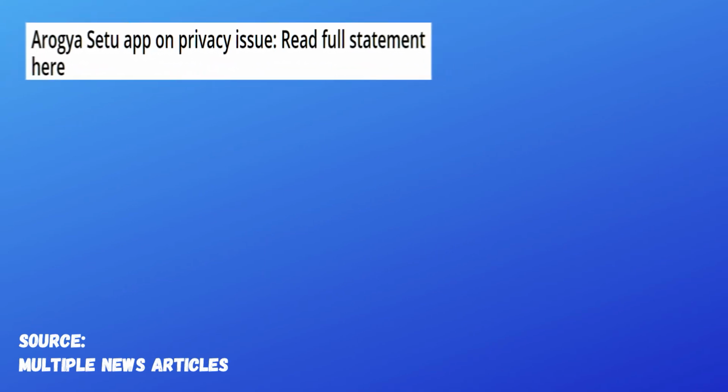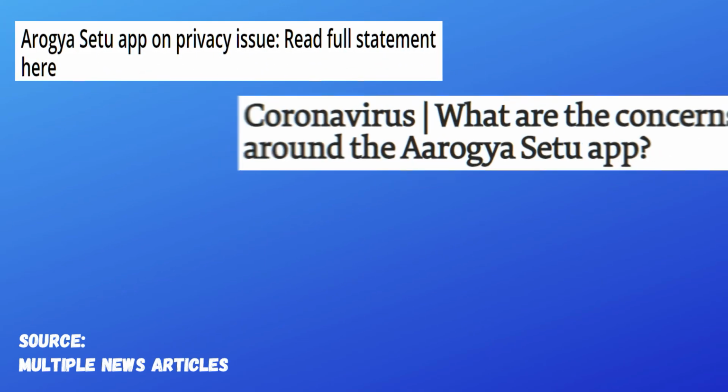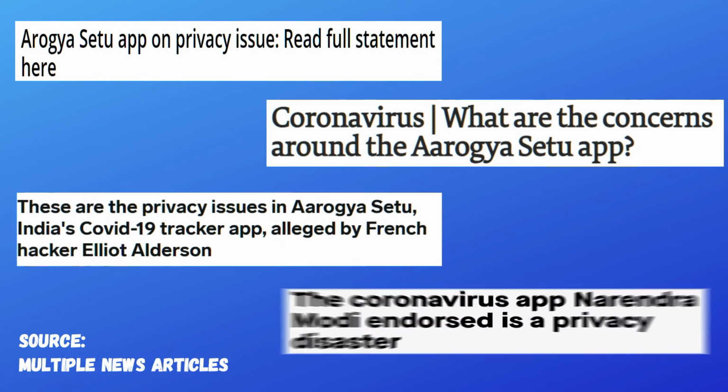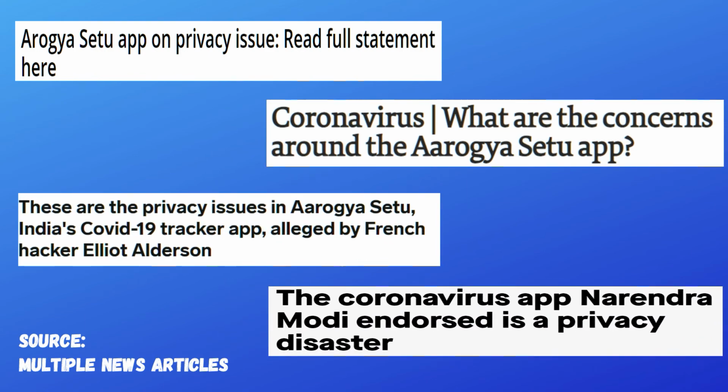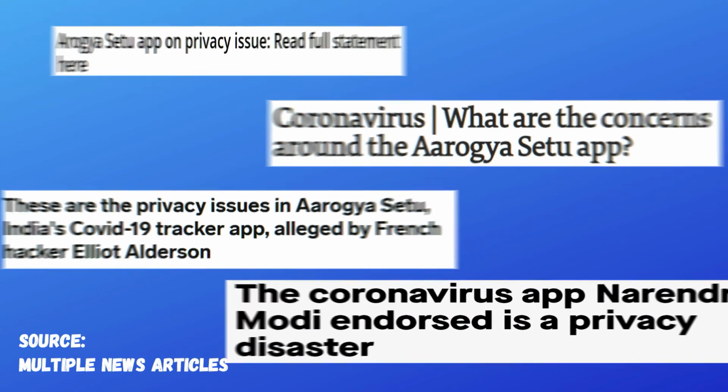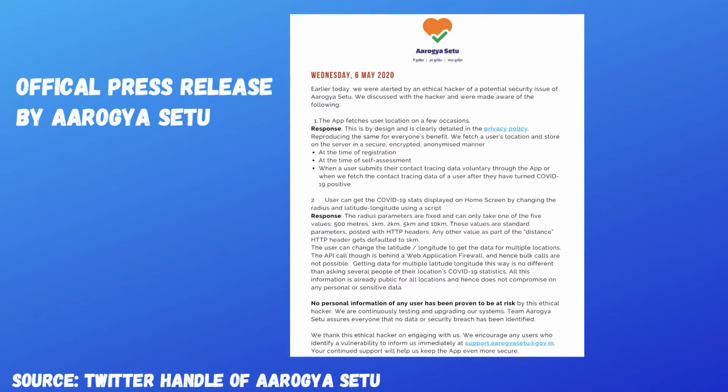Moving on to the interesting and final part. There has been a lot of talk recently regarding data privacy issues on the Aarogya Setu app. Hackers and security experts claim that there are security issues on the app, but the official team of Aarogya Setu has denied all such reports.